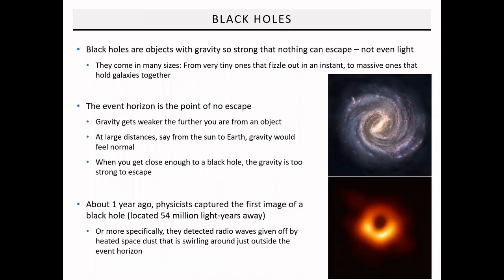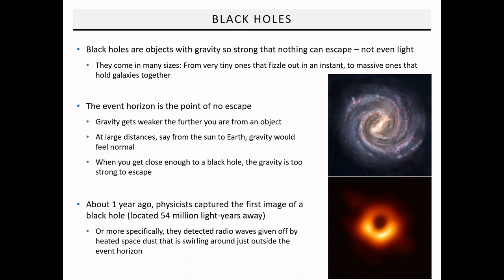And that's pretty much all I want to cover today, at least as far as the course goes. But since the lecture is a little short, I thought I'd take a brief aside and talk about black holes, since black holes and light are kind of related in a way. Black holes are objects that have gravity which is strong enough so that nothing can escape from it, not even light, and that's where light comes in.